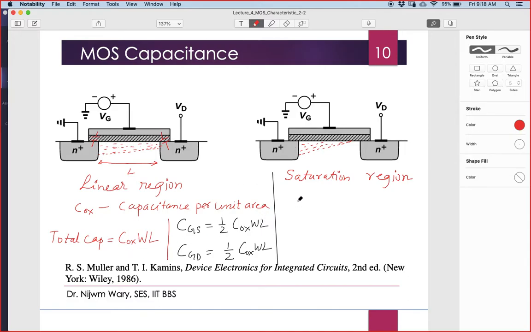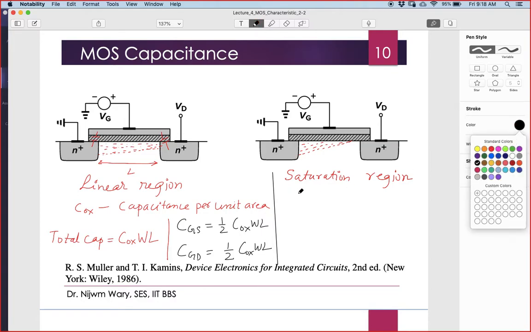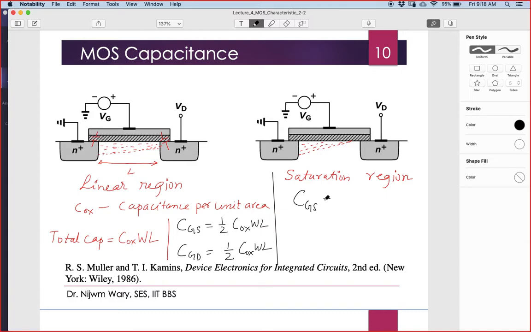So in this situation, the capacitance that we'll have is CGS is 2/3 of COX WL, and CGD will be 0 because there is no connection, or this is not connected anymore to this channel, like the gate.